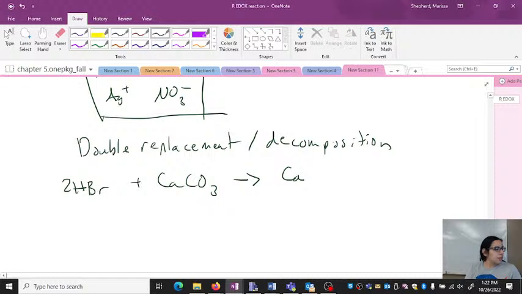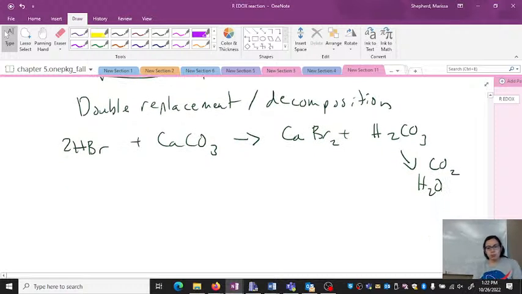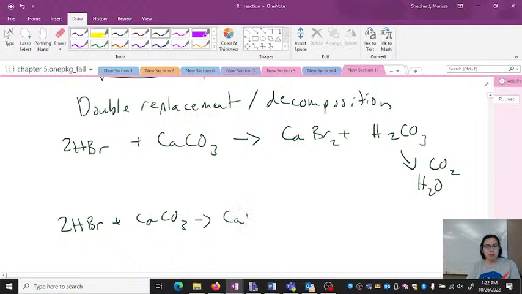So then you make calcium bromide and carbonic acid, H2CO3. But the problem with this is it decomposes right away, and this gives you carbon dioxide and water. That's why in your lab it just gives you the final shebang: 2 HBr plus calcium carbonate gives you calcium bromide plus CO2 plus water.